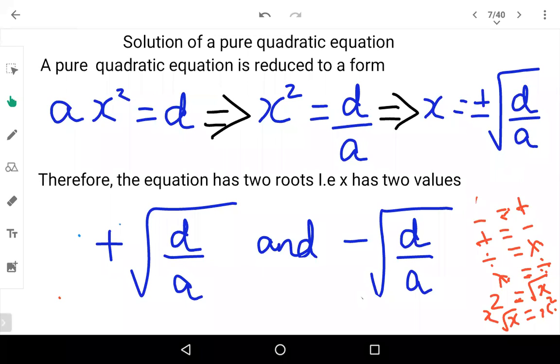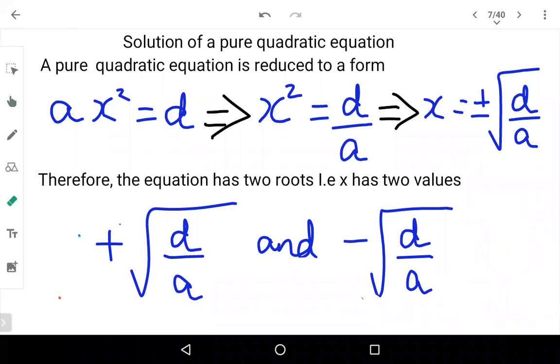Now, whenever there is a square root coming to us, we have to always write it as plus or minus square root. Why plus or minus square root? Let us understand. Let us say 2 square. What is the value of 2 square? Answer. 4.